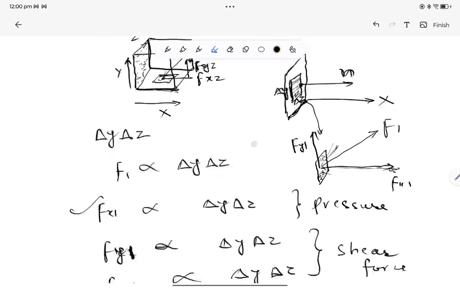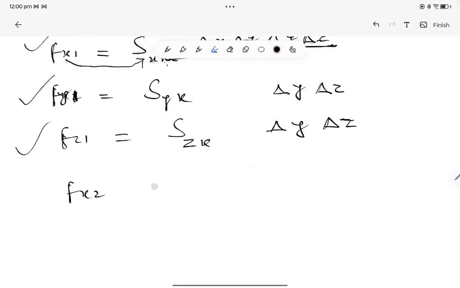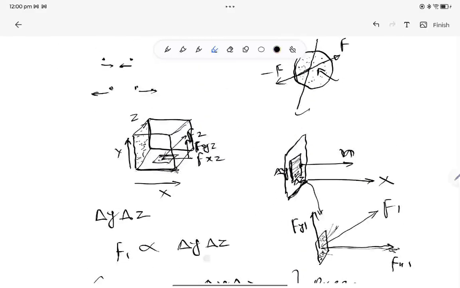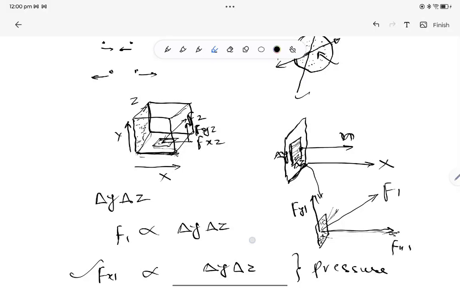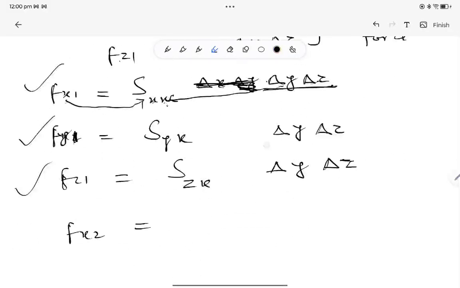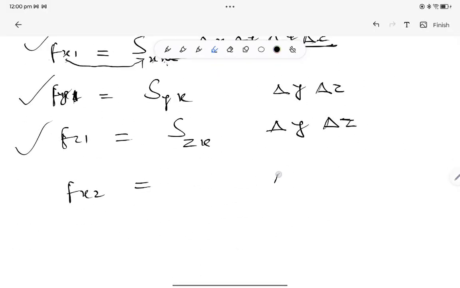Fx2 will now be proportional to the area. First of all, this area is in the XZ plane, which means it is perpendicular to the y-axis. Since it is in the XZ plane, it will be delta x, delta z.